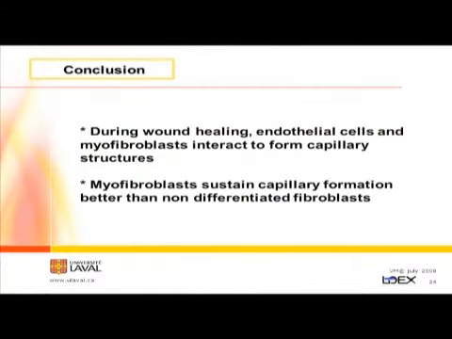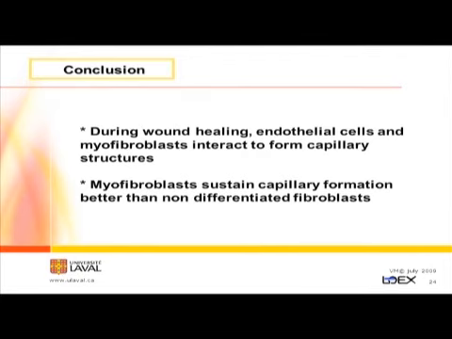In the presence of fibroblasts or myofibroblasts, we obtained an increase of the angiogenic index, but when we add normal myofibroblasts, this increase is very important and significant. These are three different experiments that we obtained with different populations. So during wound healing, endothelial cells and myofibroblasts can interact to form capillary structures.